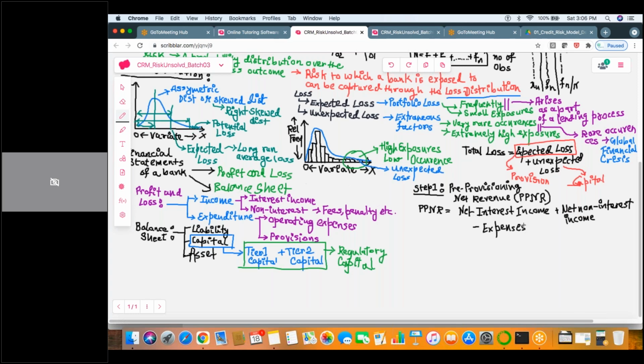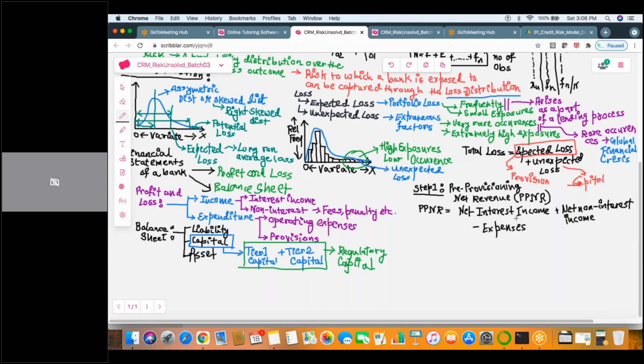Now, when I look into this, the PPNR is the net revenue that the bank has earned before it is adjusted for the provisions. So before you have adjusted it for provisions, you will get the pre-provision net revenue.